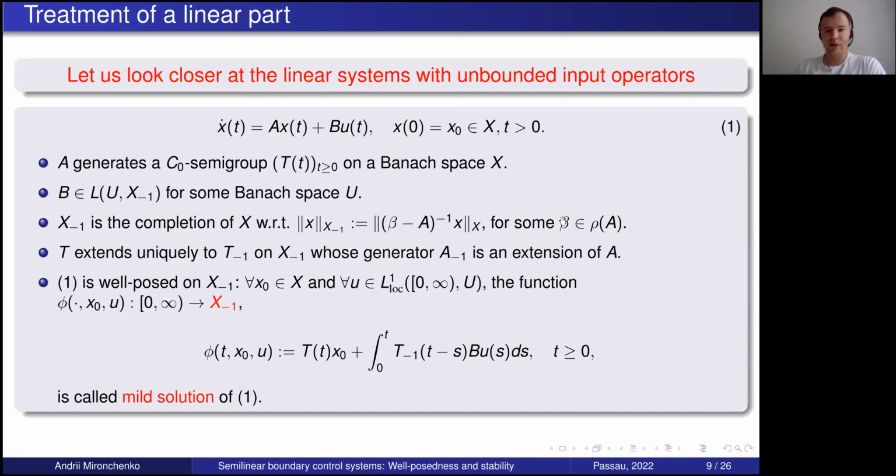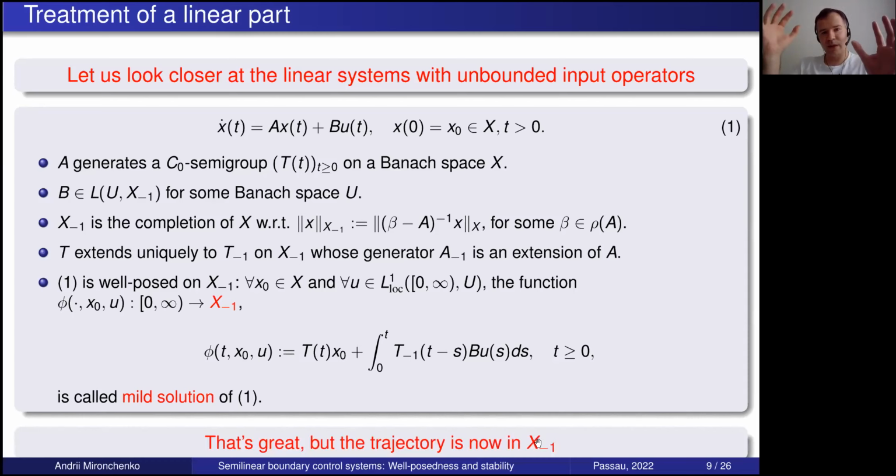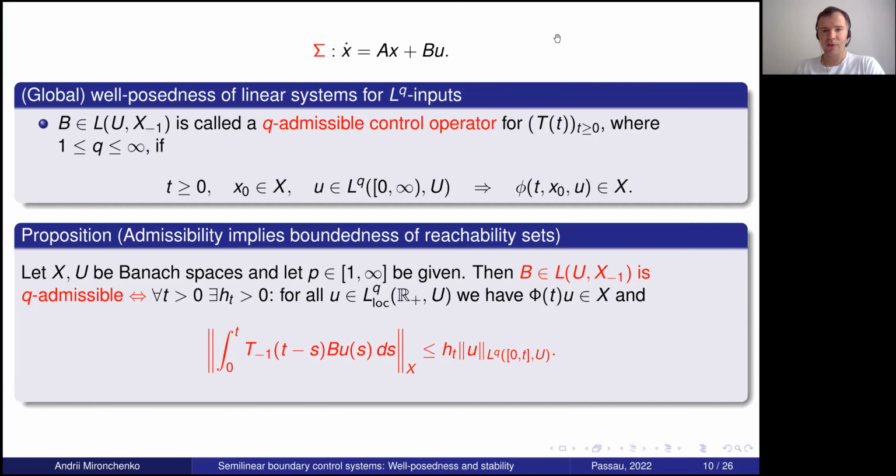Well, but it's not quite what we wanted, because now the trajectories are in X_{-1}, in this larger space, and we want trajectories in X, in our original space. Well, but this is not what we get for free. And we need to assume more. We need to make further restrictions on our operator B.